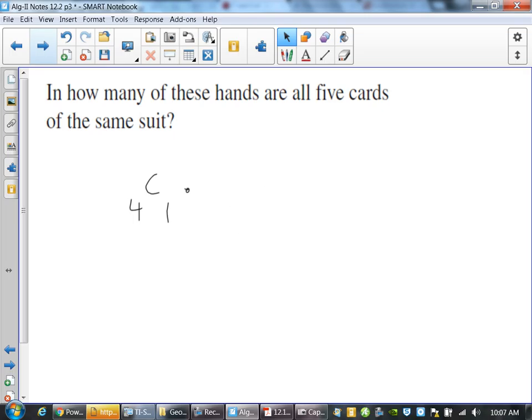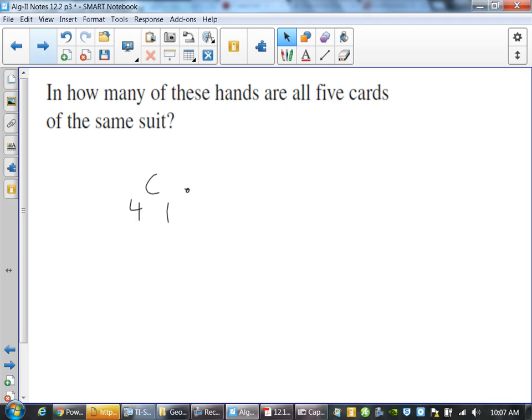Sorry. I realized, wait, if I'm doing 4 choose 1, why am I multiplying it times? It's going to be more than what we already started with. Sorry about that. So here's what happens. I misspoke. When you want to get 5 of a kind, first thing, 5 of the same suit. There are 4 suits to choose from. We pick 1.